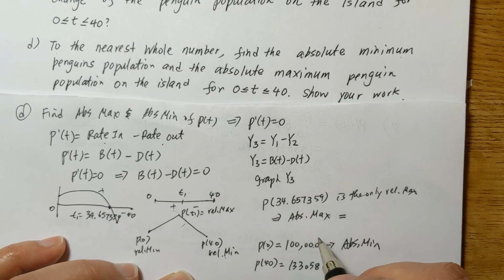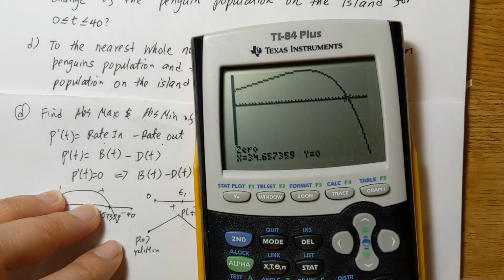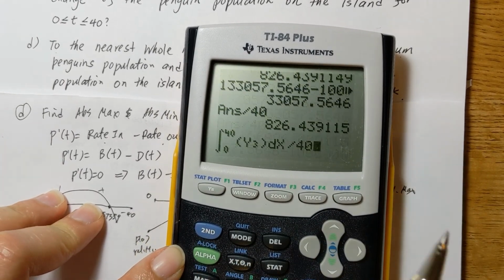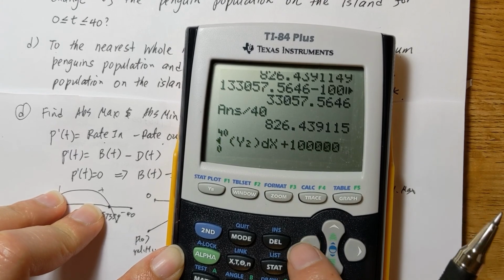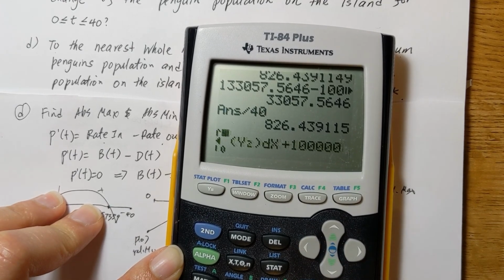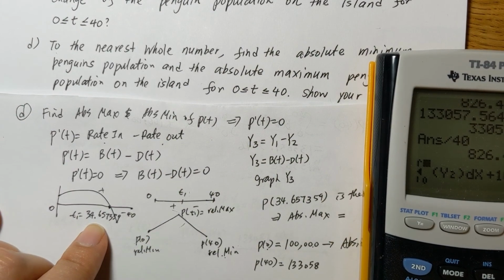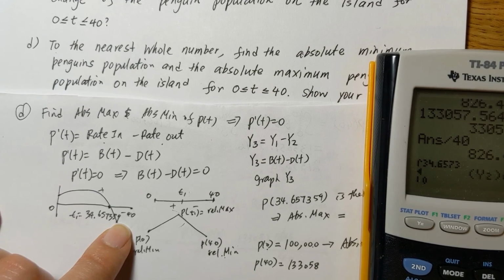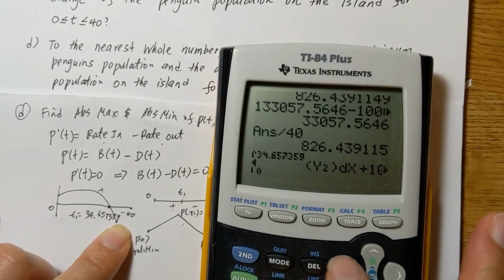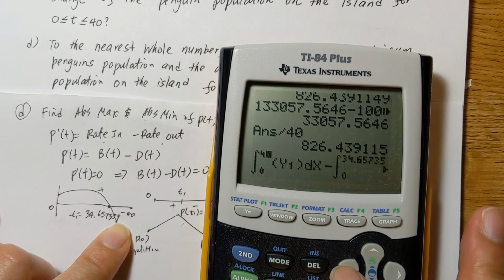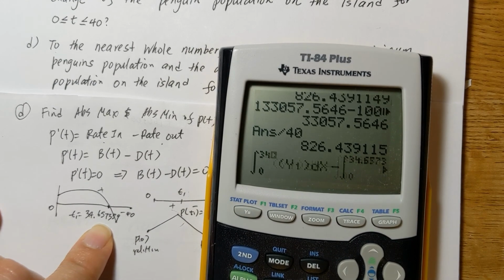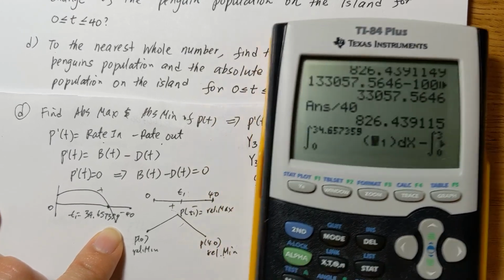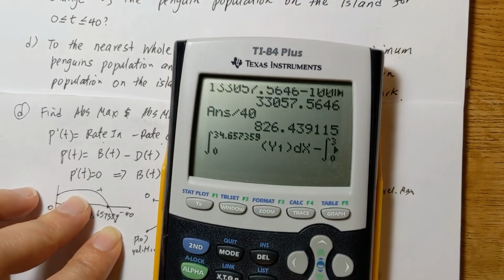Now we still have to find the absolute max. So let's go back over here and recall our memory, so I don't have to type it again. Now I'm going to clear this and type in 34.657359. Okay, now I'm going to press enter.